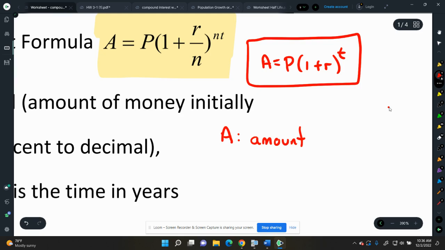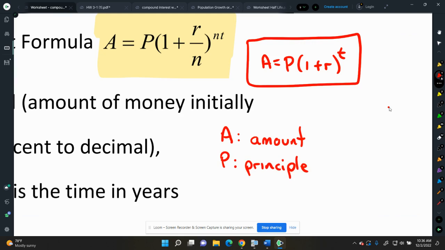Amount of money we have at what point? After we're finished all of the compoundings, right? So P, what does that stand for? The principal, which is the initial deposit or the initial investment or the initial amount of a loan. It could be a loan, right?